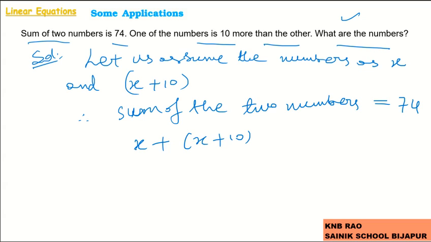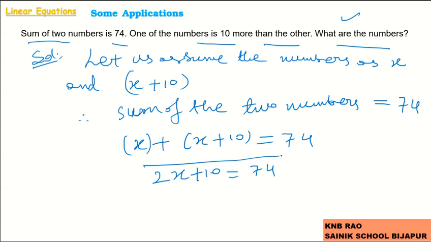So one number is x and the other number is x plus 10, which added gives you 74. x plus x plus 10 is 2x plus 10 equals to 74, and this is the linear equation formed. If I solve this, now I will find the numbers. So this is how we apply our knowledge of linear equations while solving such puzzles.